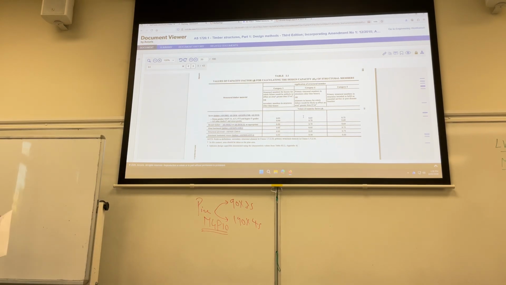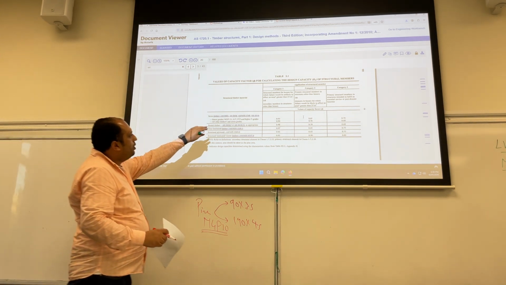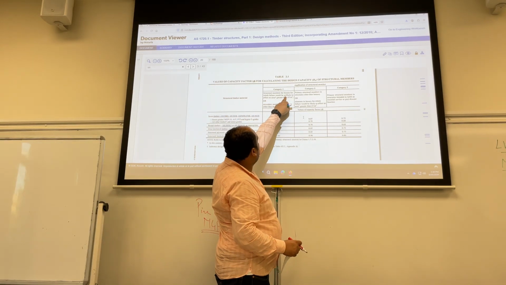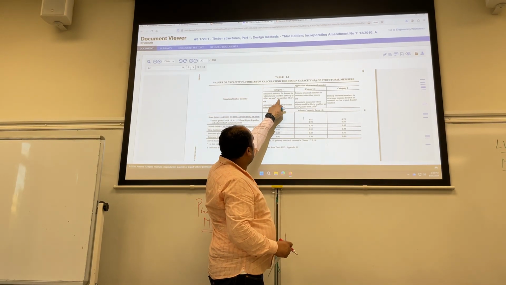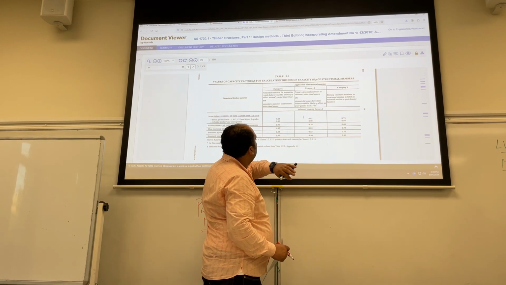This is a house. It is a residential house. If you look at the table here, structural members for houses for which failure is unlikely to affect an area greater than 25 square meters.